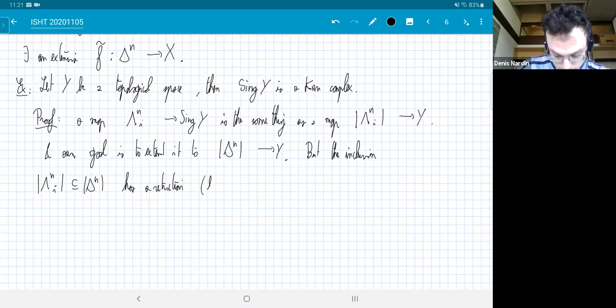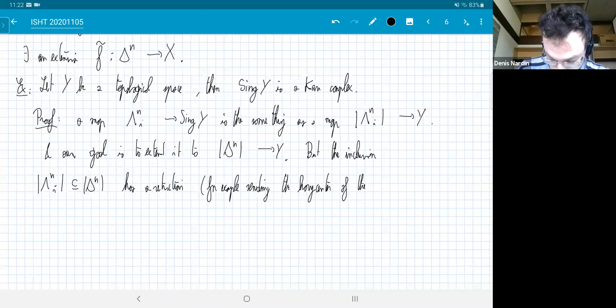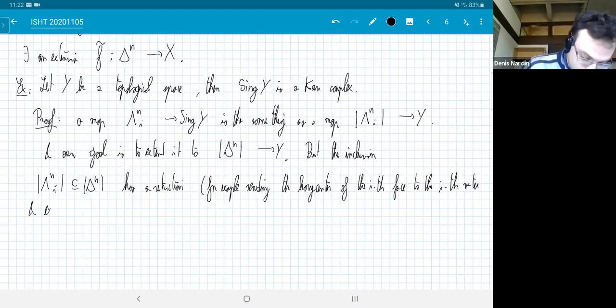For example, sending the barycenter of the ith face to the ith vertex and extending linearly.